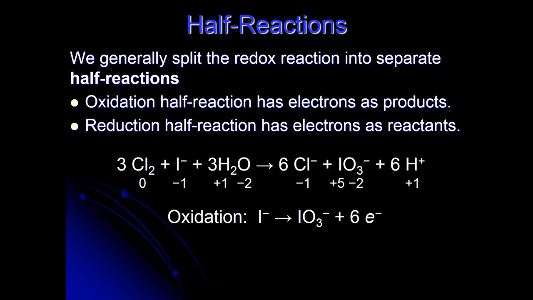So what's being oxidized is that I- by a whole heck of a lot. It's losing 6 electrons to form that I5+. What's being reduced? Well, it's our old friend chlorine.